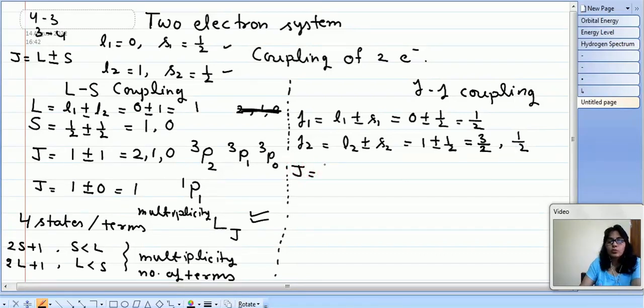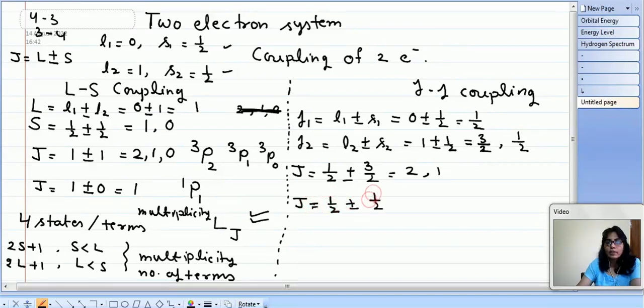Now go for the J value. J is equal to J1 plus minus J2. Let us take J1 as half, only a single value, plus minus J2 as 3 by 2. So 3 by 2 plus half means 2, and 3 by 2 minus half means 1. So 2 and 1. Then for the other value, J1 is half, plus minus J2, which is also half.